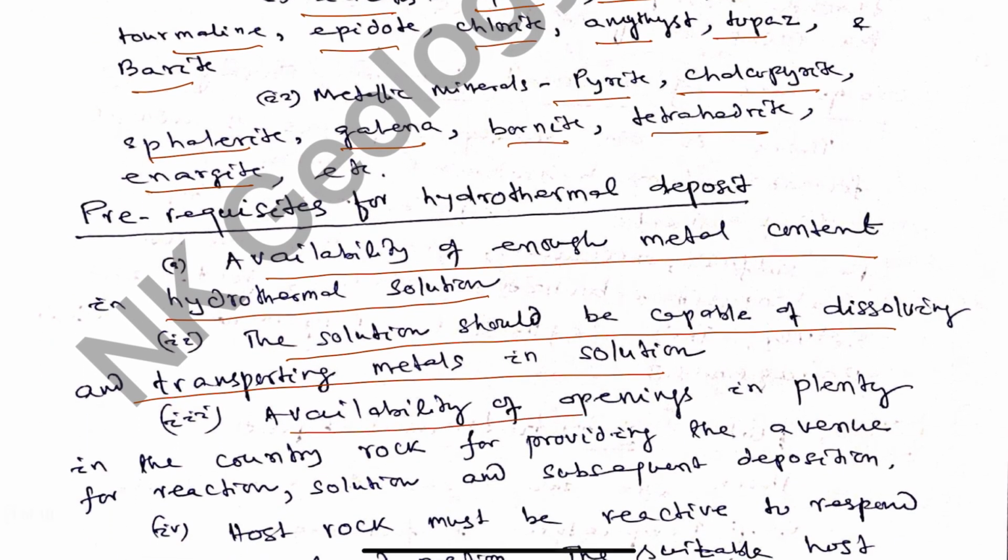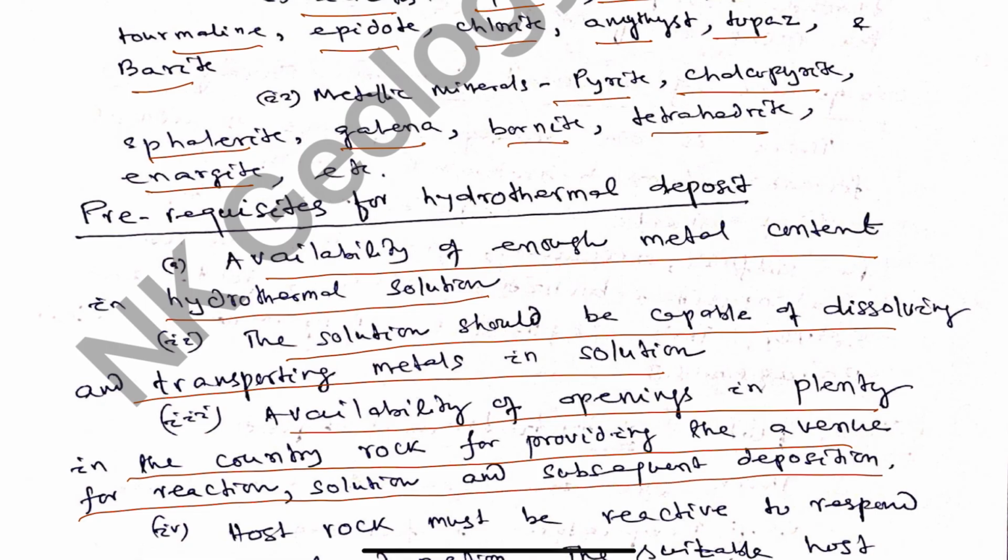There must be openings in the country rock where the hydrothermal fluid can pass, can react with the country rock, and can give rise to an economic mineral deposit under suitable conditions of cooling, consolidation, and reaction.